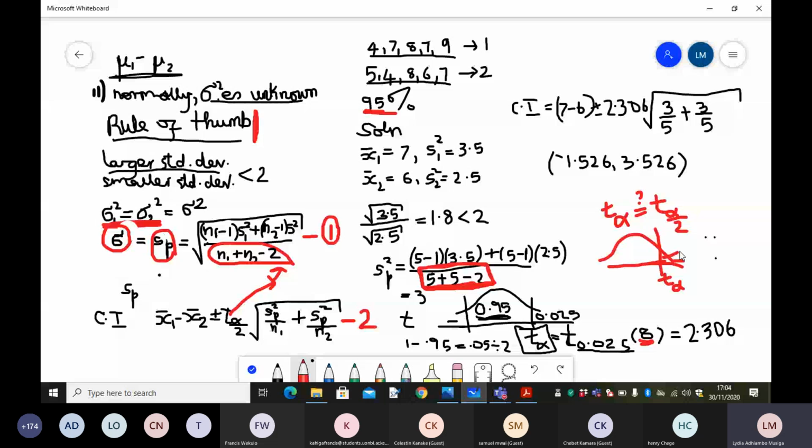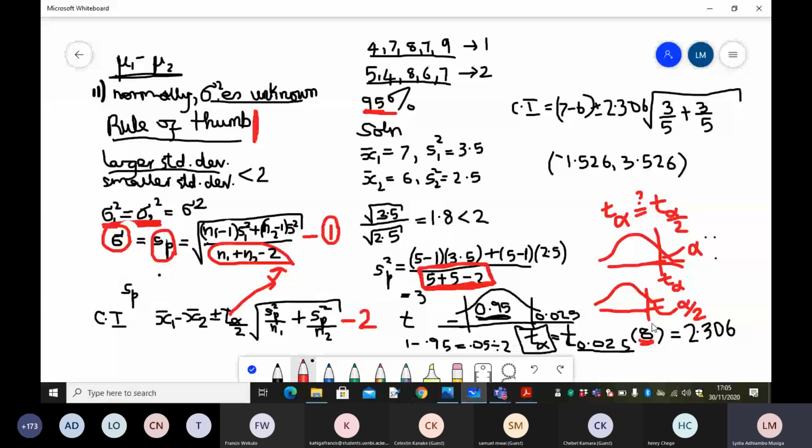If we say T alpha over 2, then we are saying that the area to the right, that area there, is alpha over 2. So there's a difference between talking about T alpha and T alpha over 2.